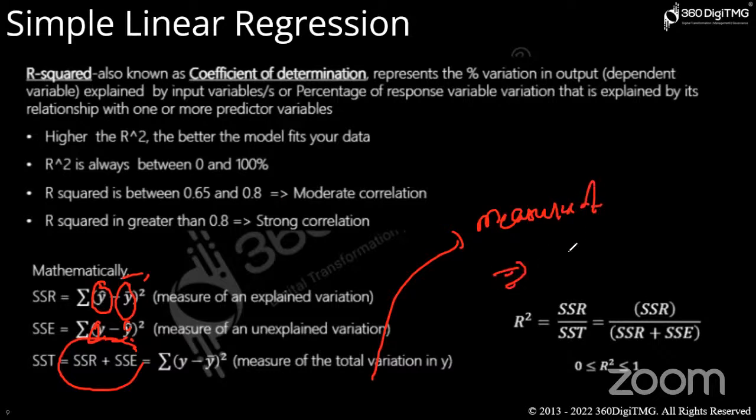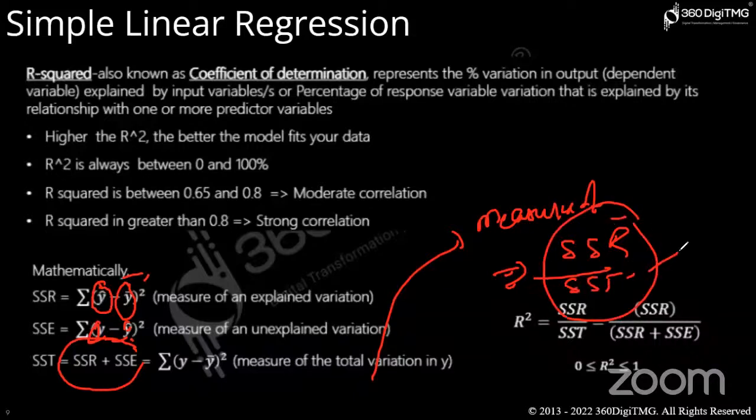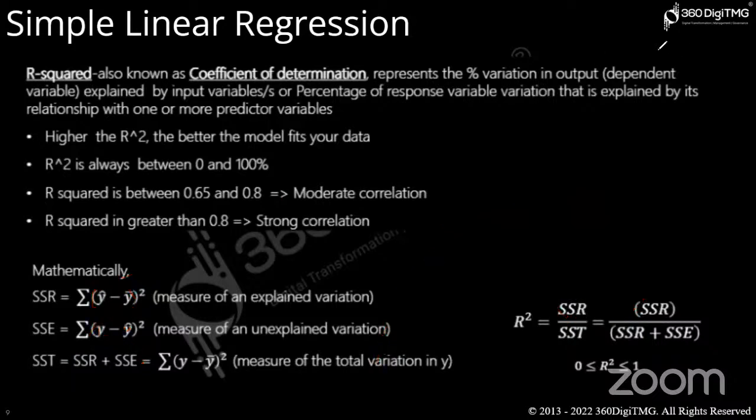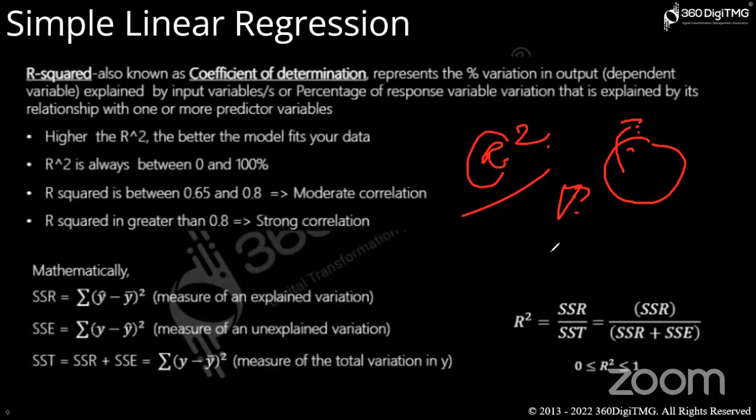And R square is SSR by SST, the measure of total variation. Like that, we will be calculating the R square value. So the more the R square value, the better the model fits your data.